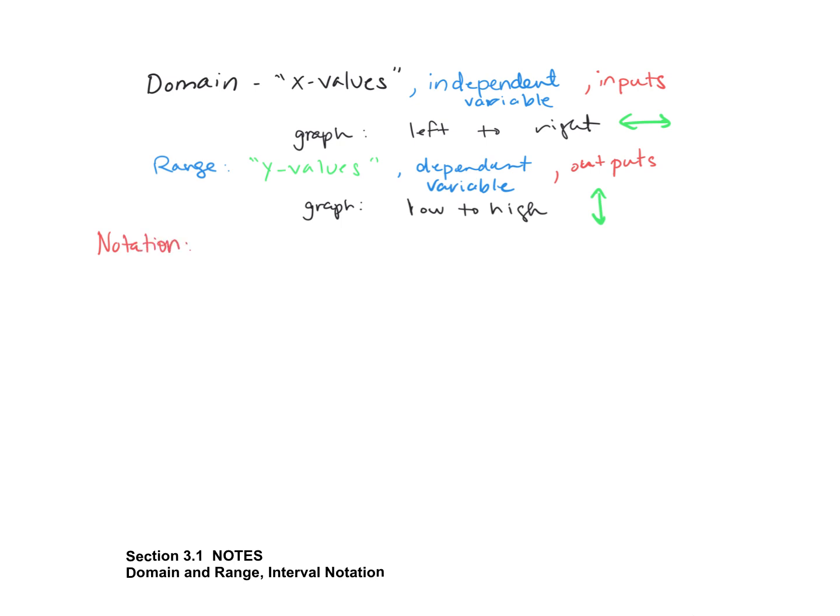Okay, so first let's do the inequality. When you're talking about inequalities, you're talking about symbols like this: less than or equal to, greater than or equal to. When you have the equal to sign, that means that value, that number, gets to be included. So I'm going to write this above here.